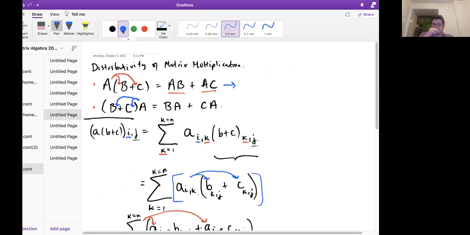So I think the more useful thing about distribution is in factoring. If you have a sum of things with a common matrix factor, that can be factored out. So this is matrix factoring. So also useful. All right, so these are just properties of matrix multiplication. Any questions on that?